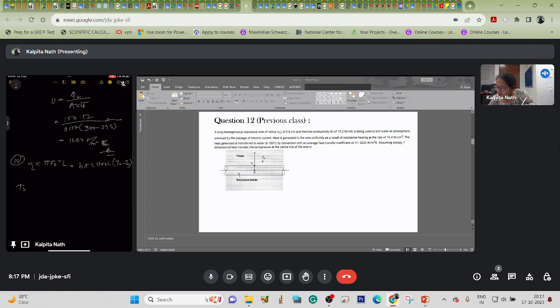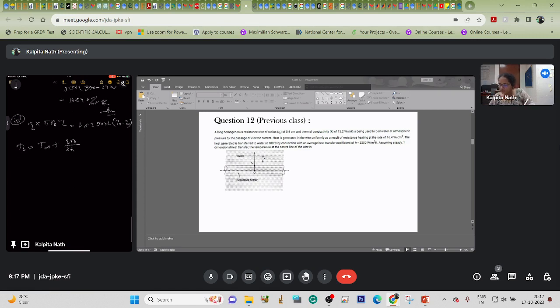So Ts is equal to T infinity plus Q r naught by 2h. This is 100 plus 16.4 into 10 to the power 6 into 0.6 into 10 to the power minus 2, divided by 2 into 3200.